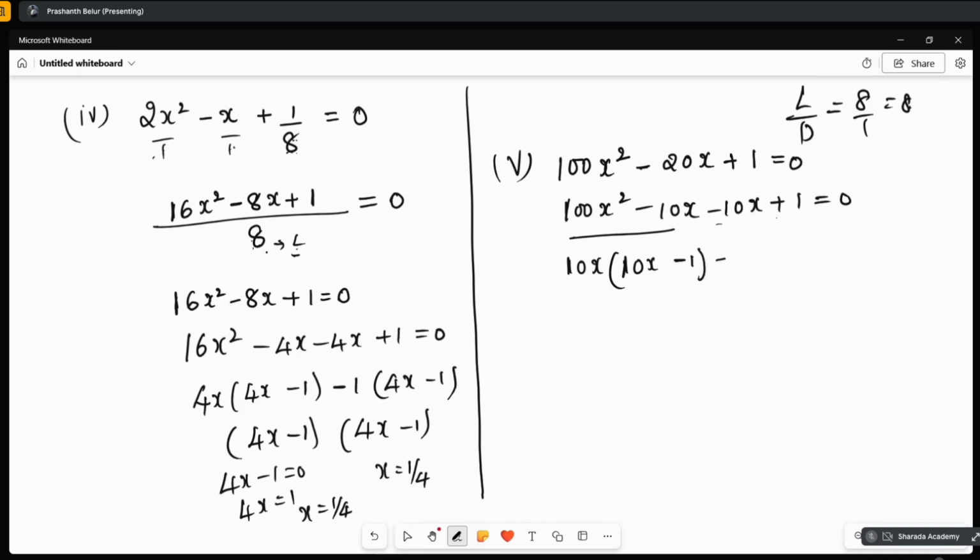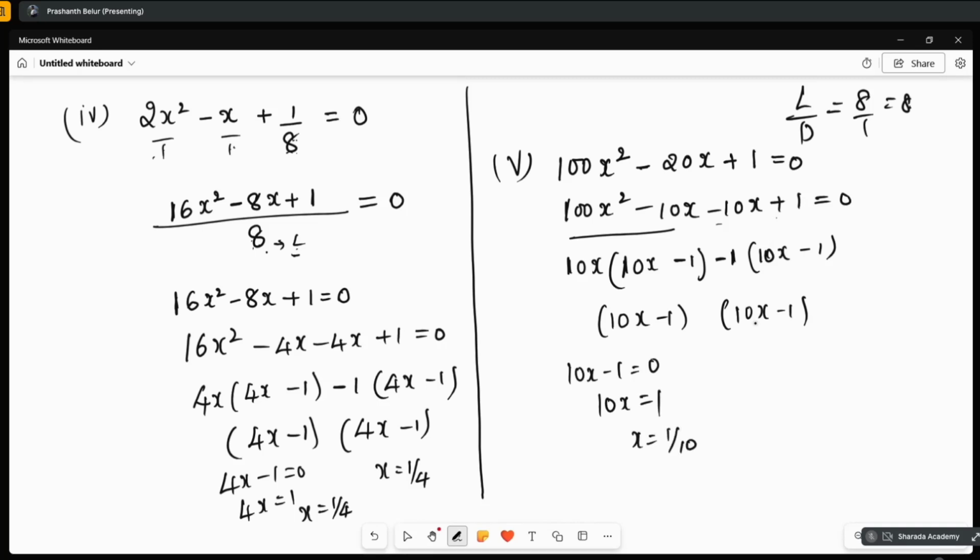Here I have to take minus 1 common so that I will get the same factors. 10x minus 1. So I will get 10x minus 1 into 10x minus 1. Okay. So 10x minus 1 is equal to 0, 10x is equal to 1, x is equal to 1 by 10. Similarly, here also you will get the same thing, x is equal to 1 by 10. So what type of roots are you getting here? Equal roots. That means in the formula, b square minus 4ac will be equal to 0.